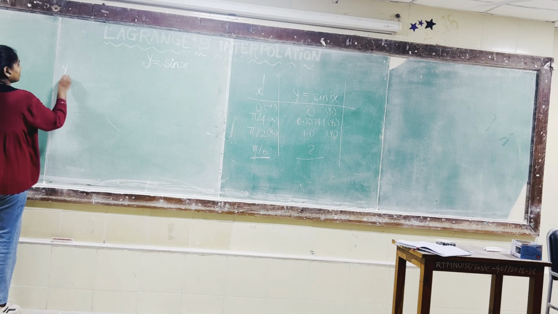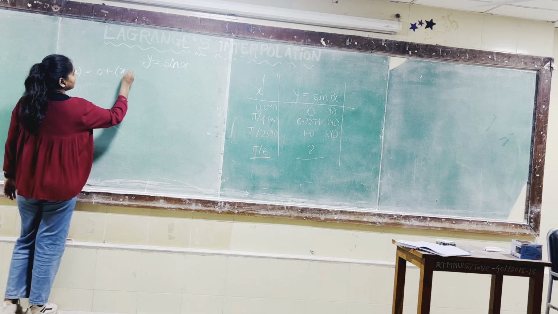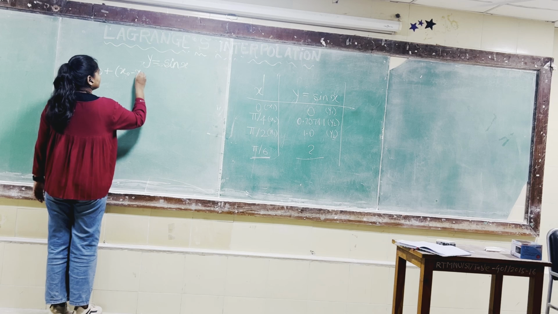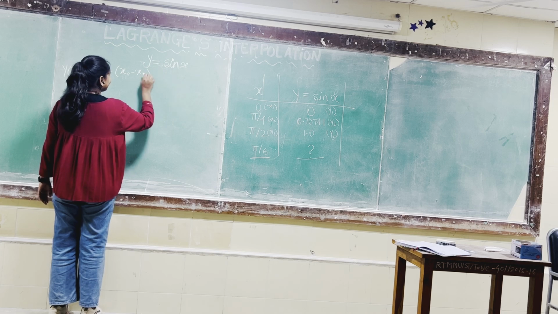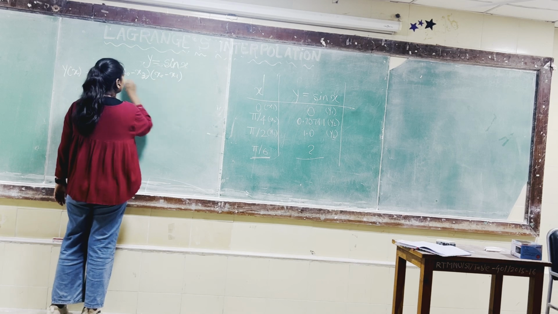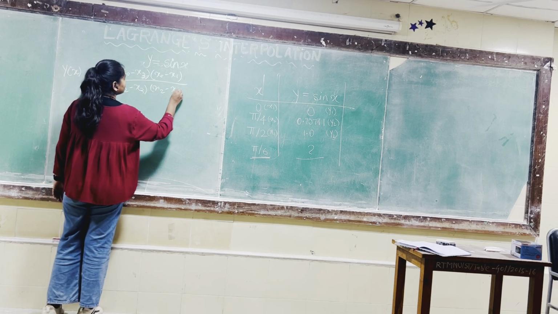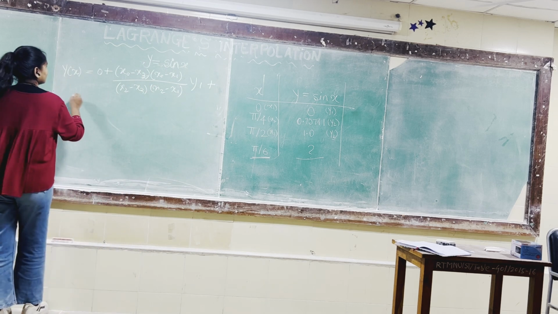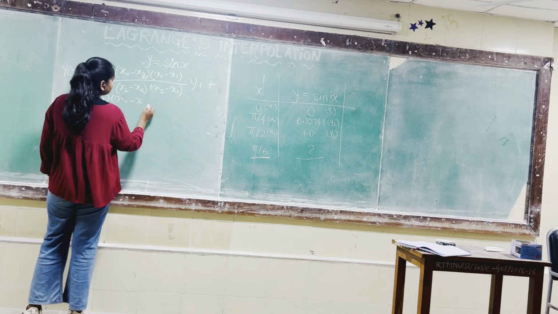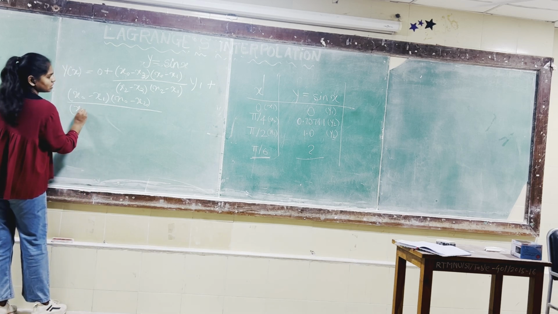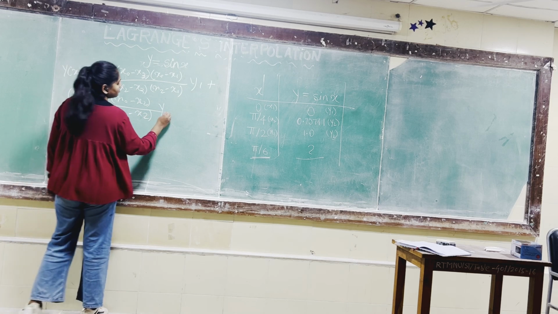Here we will use the formula y(x) equals (x minus x1)(x minus x2) upon (x0 minus x1)(x0 minus x2) into y0, plus the next terms for y1 and y2.